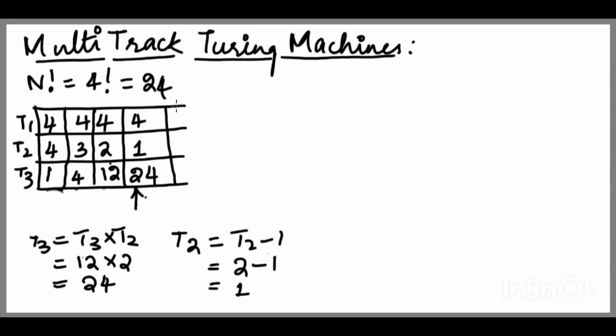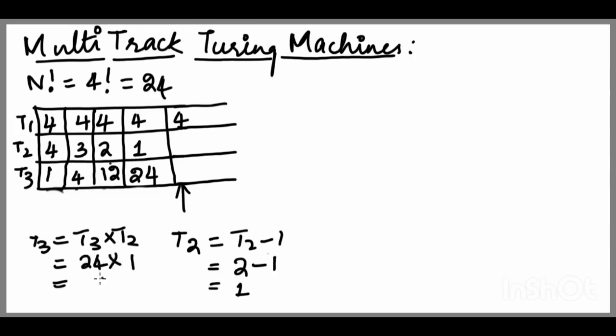We read these values and move forward in the right direction. We update the value in T3, that is 24 times 1 gives 24.